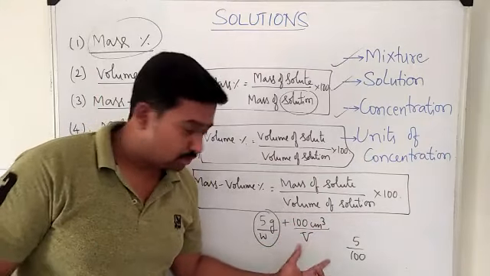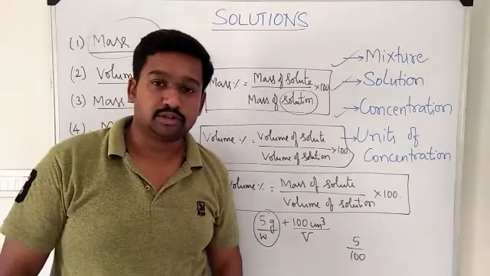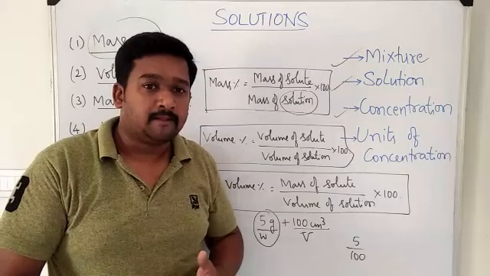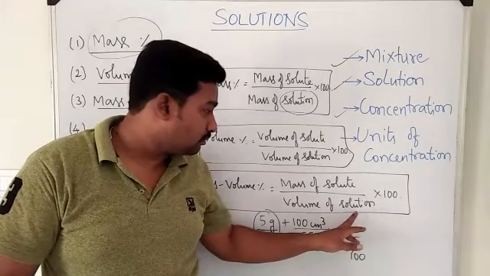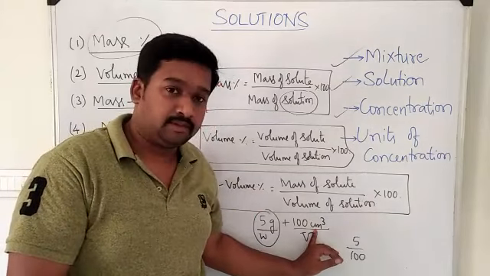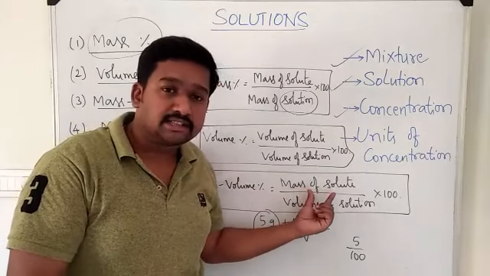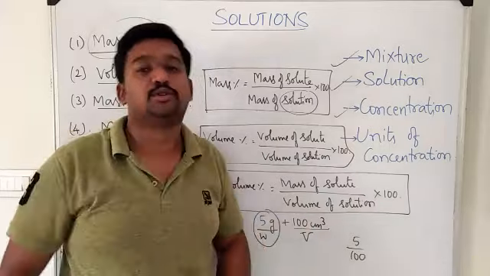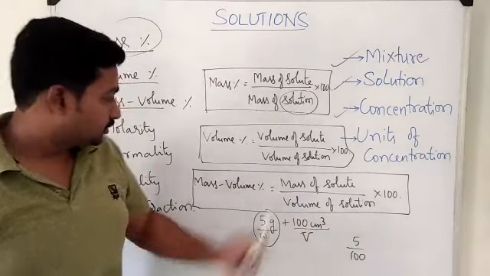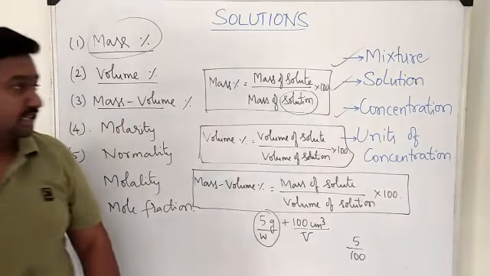It will only be the volume of solution, which is nothing but the volume of solvent. I hope you can understand this. Volume of solution will be approximately the same as volume of solvent, because the mass of solute is not going to change the volume considerably. So this is mass volume percentage.